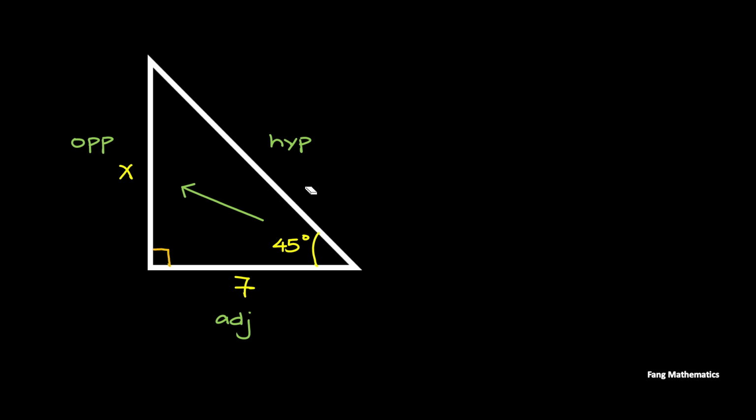Then we are now to remove one side from the three sides. So let's start from the opposite. We need it because x is being given, and adjacent, we need it because the value of the adjacent side has been given. And so let's remove the hypotenuse.